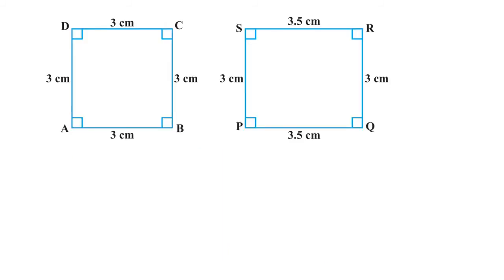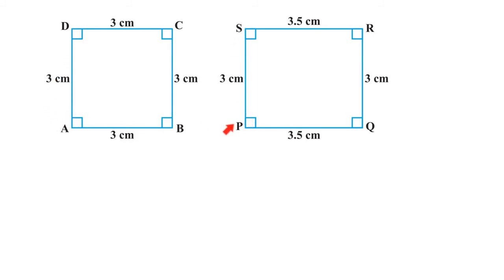What about these two quadrilaterals? Are they similar? Let's look at condition 1 for the angles. All the corresponding angles are equal. They are all 90 degrees. What about the sides? What is the corresponding side of AD? It is PS.